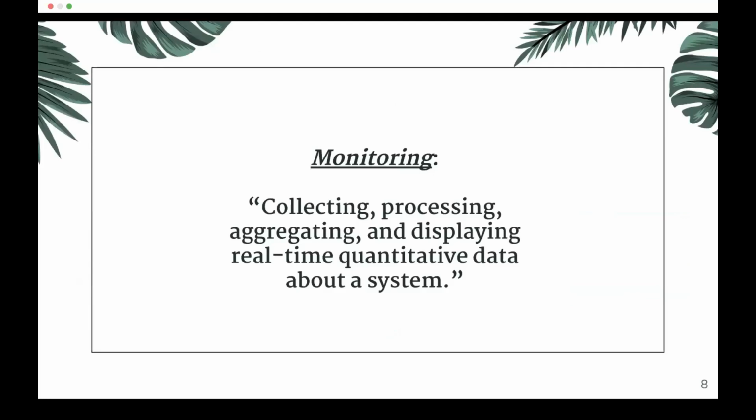Google describes monitoring as collecting, processing, aggregating, and displaying real-time quantitative data about a system. By visualizing aggregated data, it's much easier for developers and system administrators to recognize trends and gain insight into the health of a system. But in order to monitor a system, we're going to need some data, specifically telemetry data.